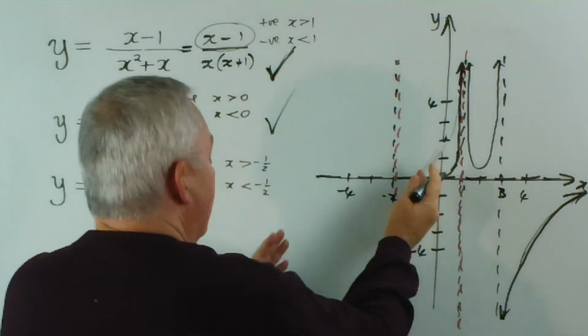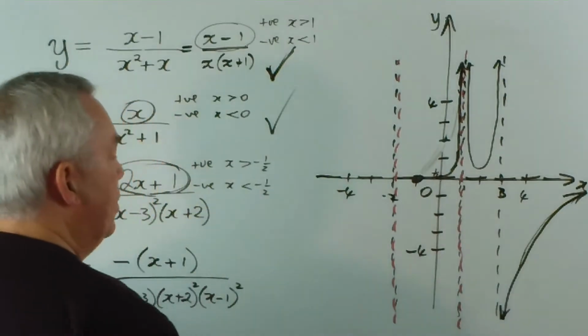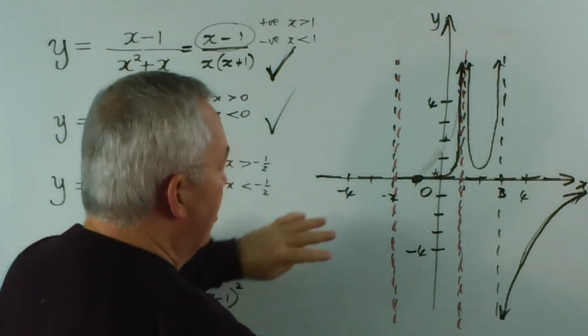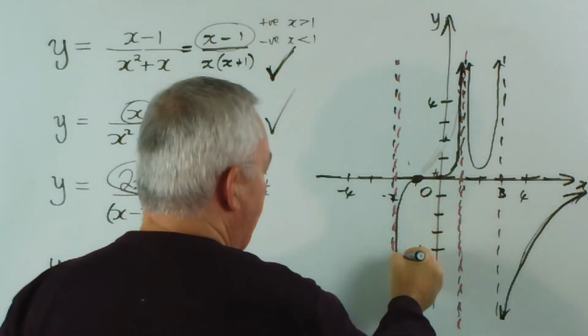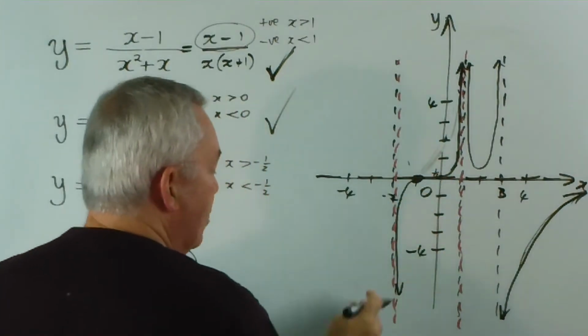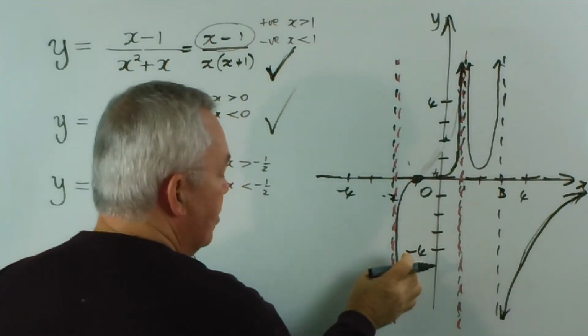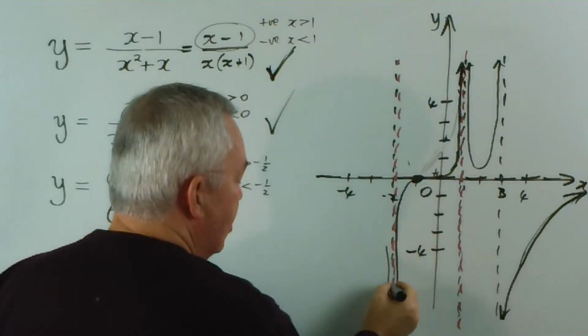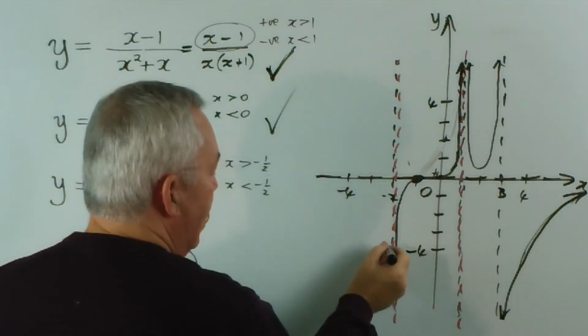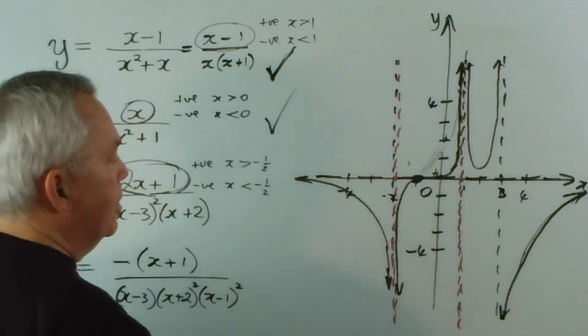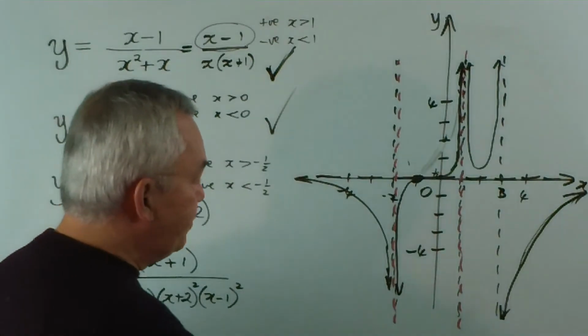And then once it goes beyond -1, the graph will flip. And instead of going back up here, it will go down there. And because this is a double asymptote, it's going to be matched by the corresponding part of the graph here, and it will be asymptotic out here as well. So this is a rather unusual one.